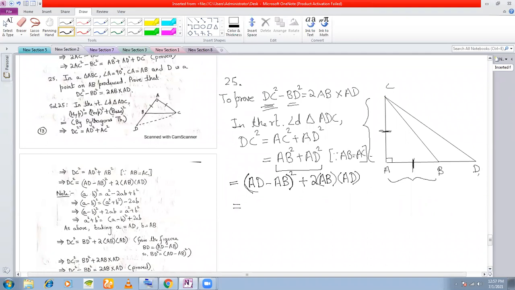Now how much is AD minus AB? AD is this length here and AB is this length here. So AB minus AD must be equal to BD, this length, right? BD square plus twice AB into AD, right? So have we got the proof till now?